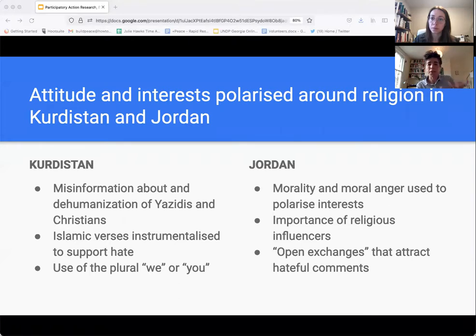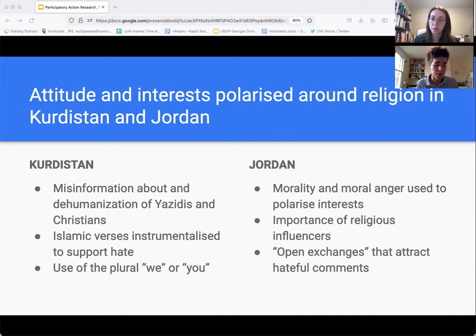Now, I said in Jordan, of course, different context, but something similar came out in terms of this polarization of attitudes and interests around religion. Jordanian participants found that the language used across Facebook and Twitter showed signs of the use of morality and moral authority to polarize interests.